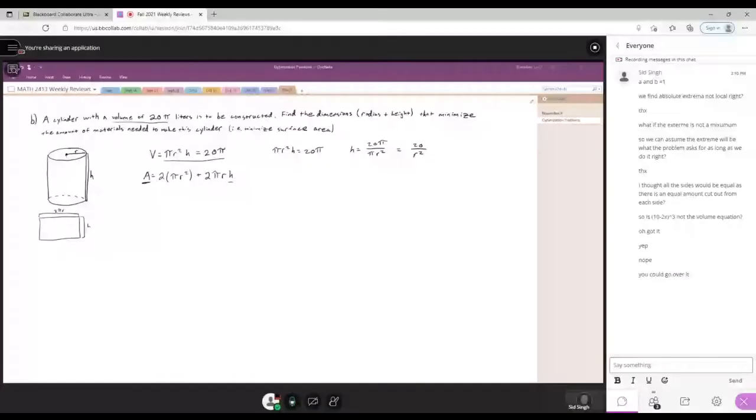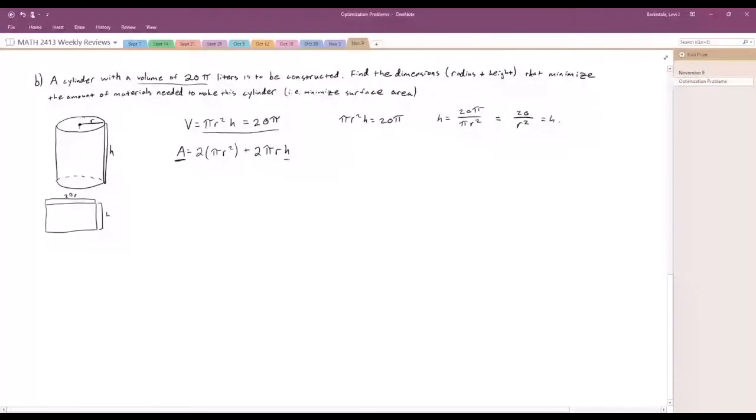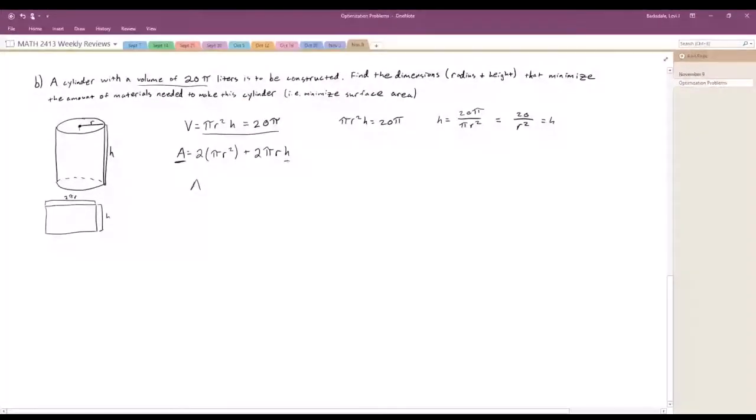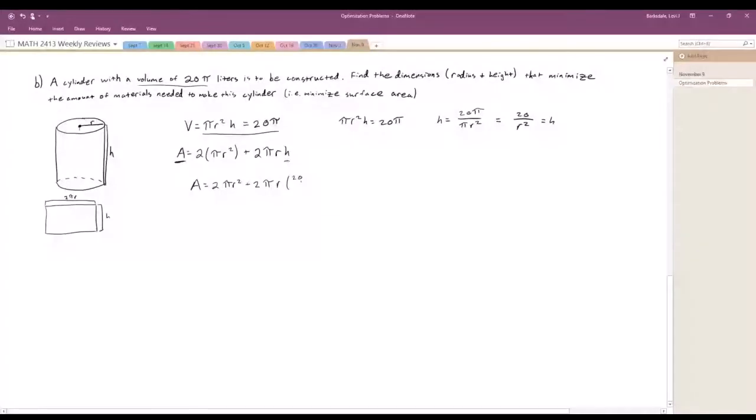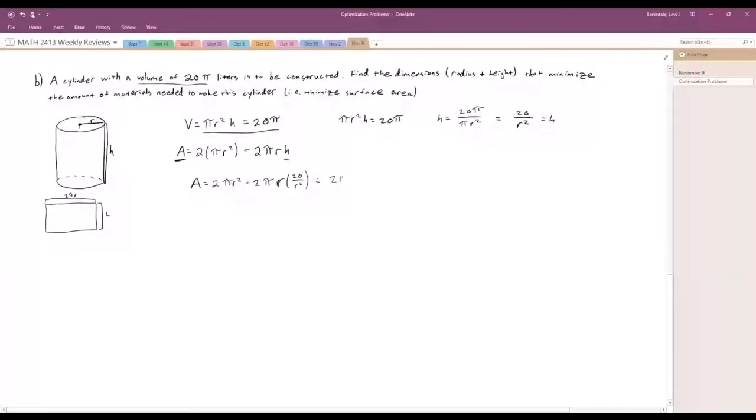And that is what h is equal to. Well, now if I substitute h out of my area equation, I get the area is 2 pi r squared plus 2 pi r times 20 divided by r squared. And this is equal to 2 pi r squared plus 40 pi divided by r.